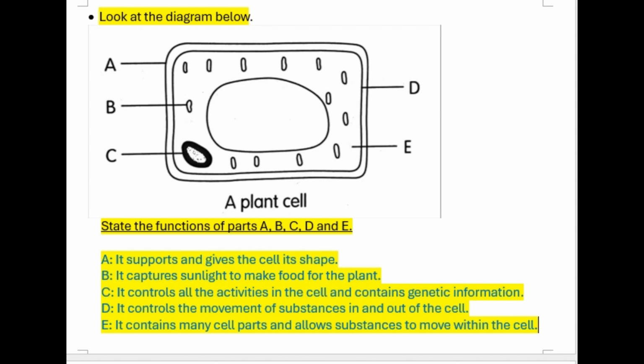C. It controls all the activities in the cell and contains genetic information. D. It controls the movement of substances in and out of the cell. A. It contains many cell parts and allows substances to move within the cell.